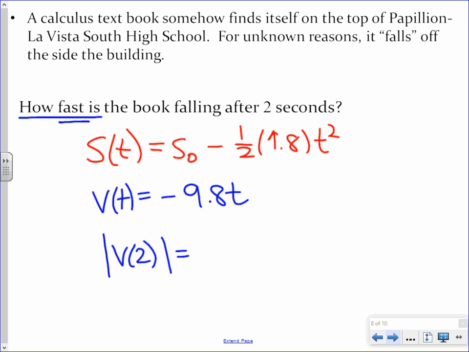I really only care about how fast that is. So when you plug in 2 and take the absolute value, what's our speed? 19.6. Since we use 9.8 as our gravity, what is our label for our velocity? Meters per second.